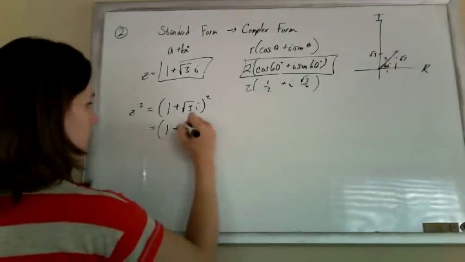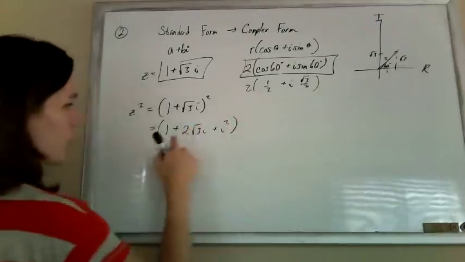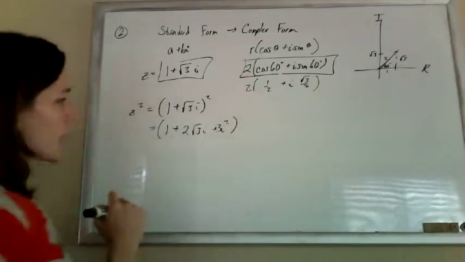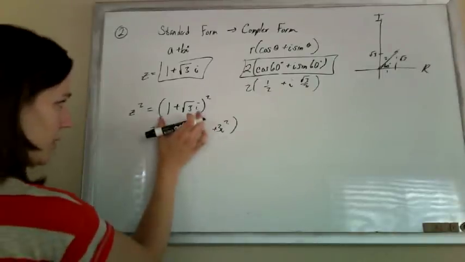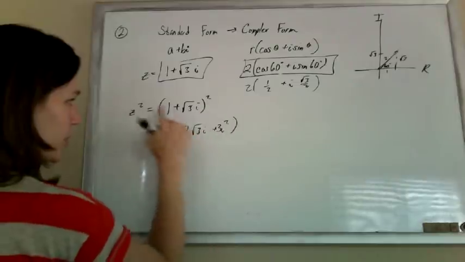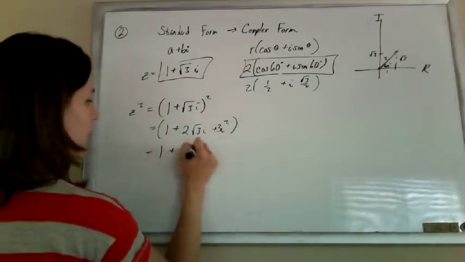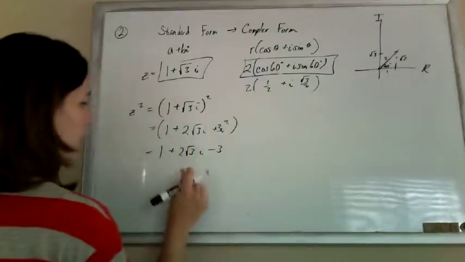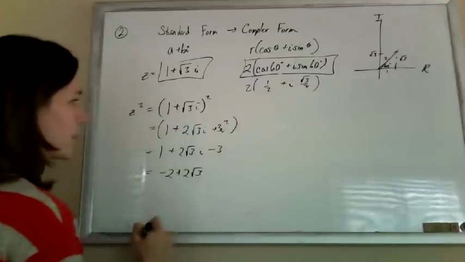This is 1 plus 2 root 3i plus 3i squared. When I multiply that out, when I FOIL that, 1 plus root 3i times another 1 plus root 3i, I get this. When I simplify that, I get minus 2 plus 2 root 3i.